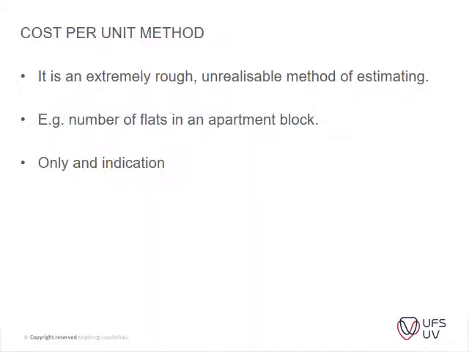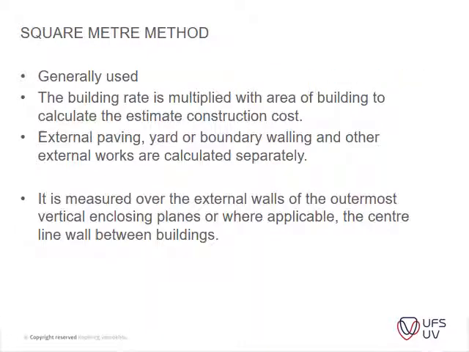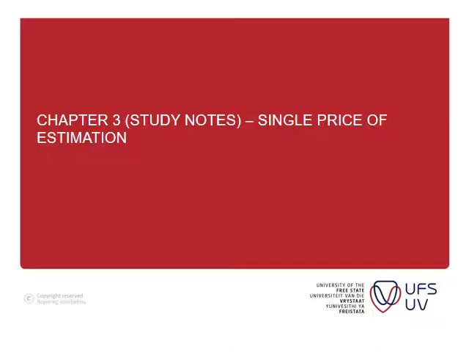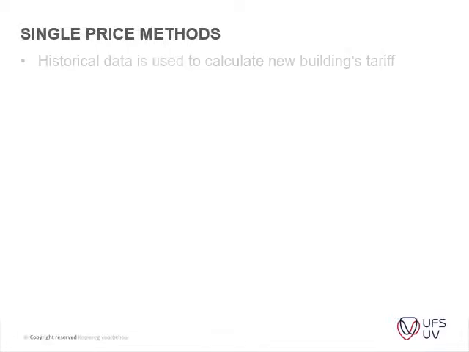Then cost per unit method. I'm just going to run through this. You've got your square meter method. Most of you should be able to get the idea from the theory bit on this. Okay, because the example that I've posted a video on actually contains most of the explanation of how to actually use or calculate the single price method.